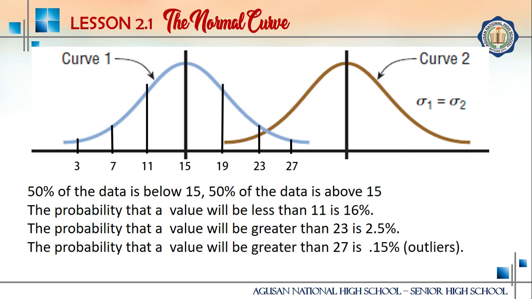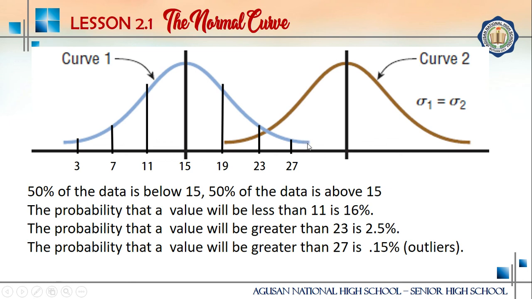2.5%. And then last, the probability that a value will be greater than 27 is 0.15%. Why? It is 0.15% because 27 is the 3 standard deviations. Between 3 and 27 is 99.7%, so there is a remaining 0.3%.